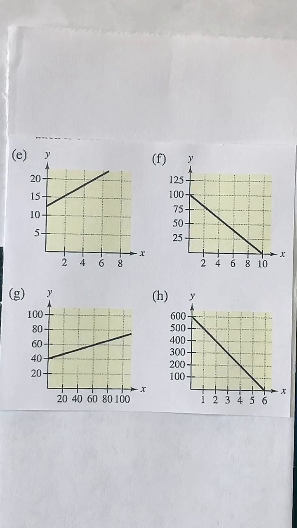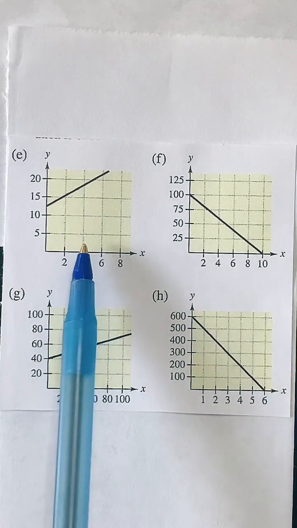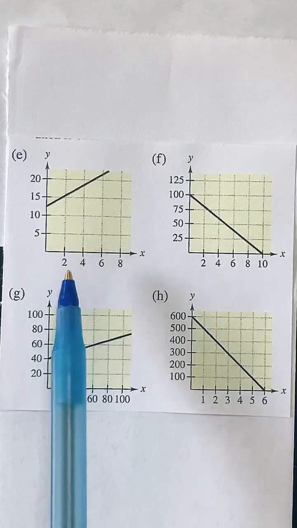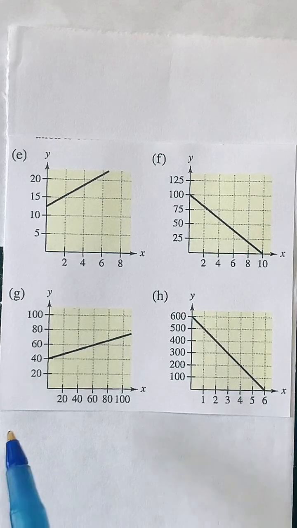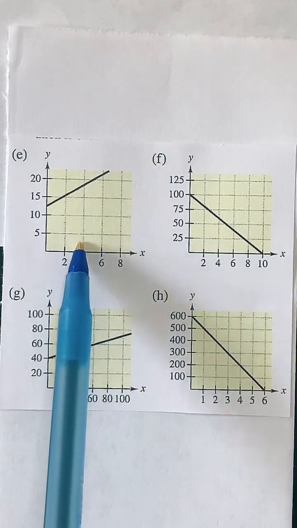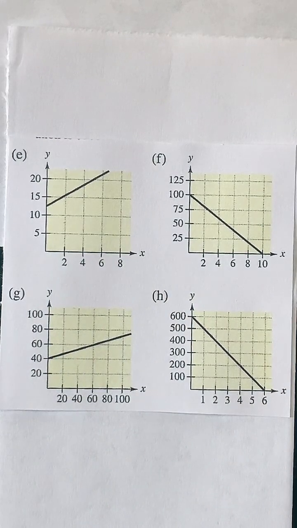All right, good. So the process for E was an employee is paid $12.50 an hour plus $1.50 for every unit produced per hour. So that was going to be your E. All right. So that is what we're doing.